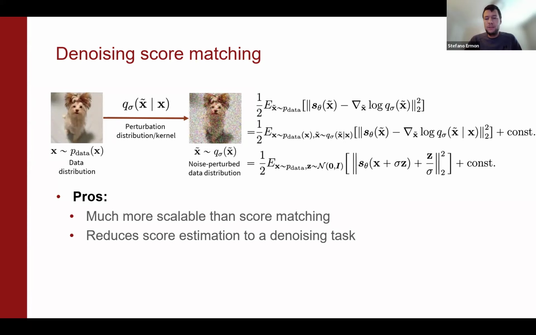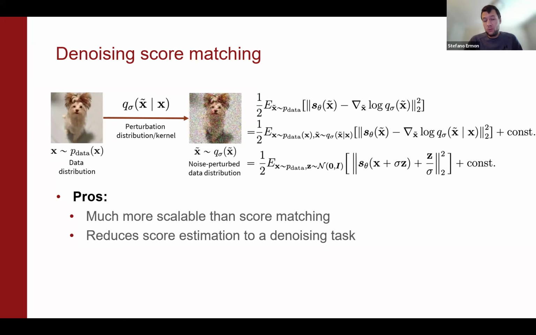Then it turns out that it's possible to reduce the problem of estimating the score to essentially a denoising problem, where you can equivalently train a neural network to take a noisy image and try to predict what was the clean image corresponding to that noisy image.